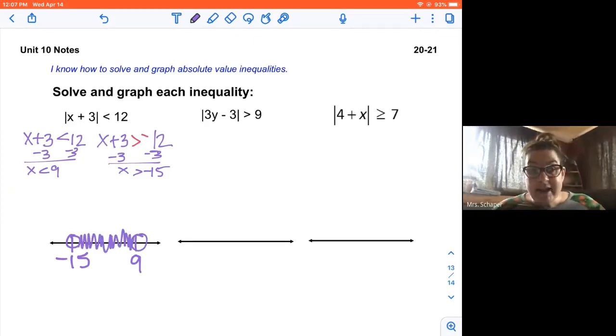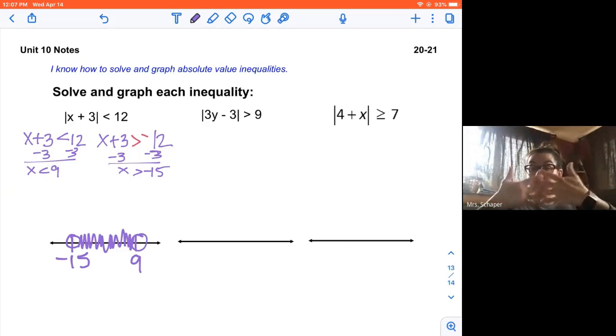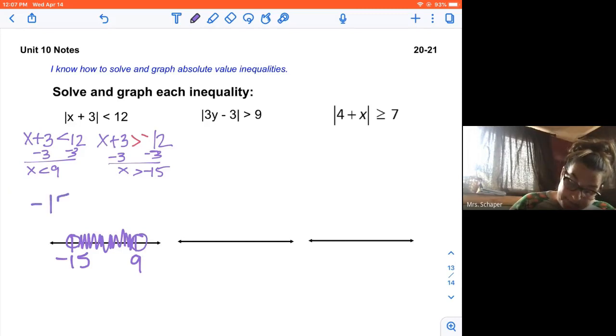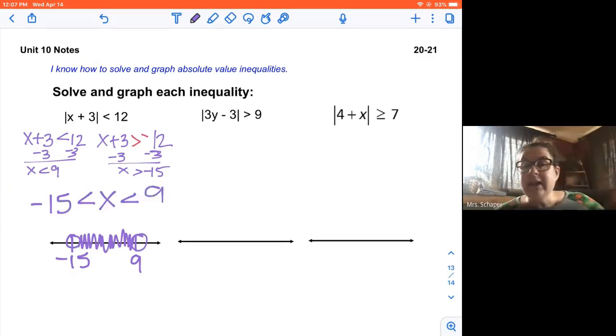It looks to me like this is an and statement. I'm joining them together, and so I'm going to write the inequality as negative 15 is less than x, which is less than 9. Lesser number to the left, greater number to the right, variable in between.